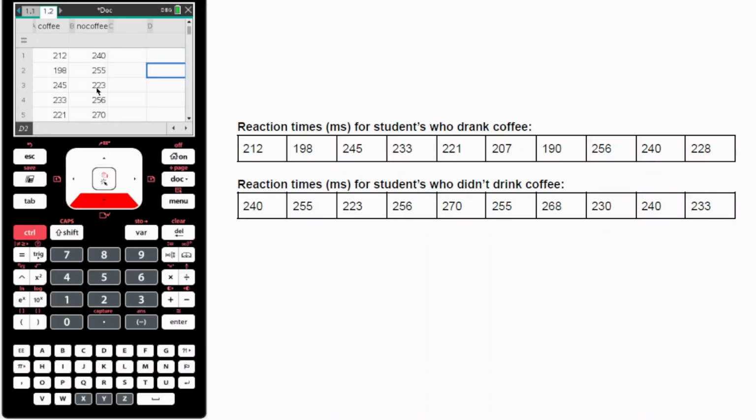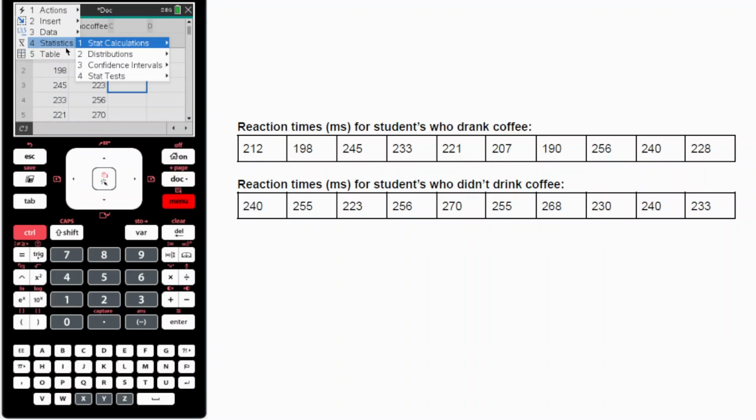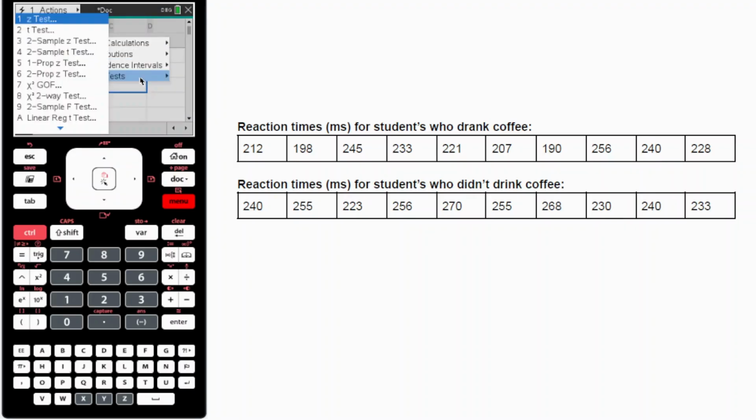Then you will choose an empty cell somewhere here in the lists and spreadsheet. So an empty cell, and then you press menu. From here you find statistics, statistical tests, and we have two-sample t-test.